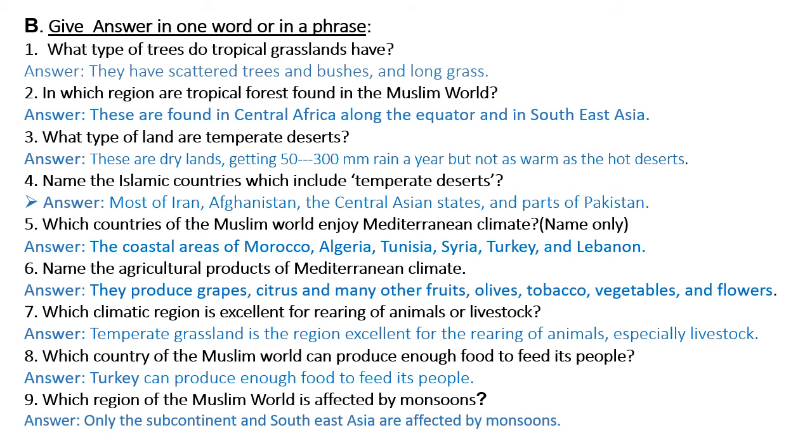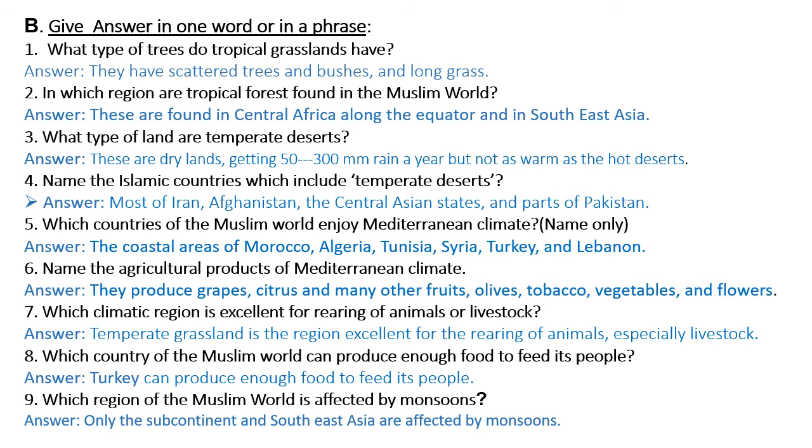They produce grapes, citrus and many other fruits, olives, tobacco, vegetables and flowers. Number 7. Which climatic region is excellent for rearing of animals or livestock? Answer. Temperate grassland is the region which is excellent for the rearing of animals, especially livestock.